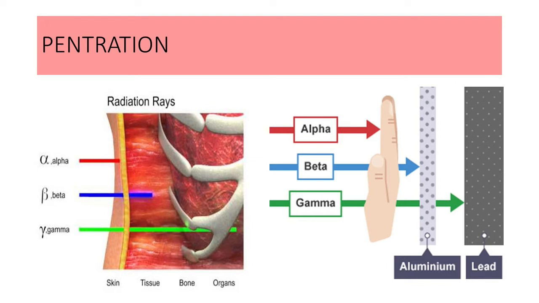While beta particle, you can stop it using aluminum, and gamma ray, you need a thin sheet of lead or a thick sheet of concrete in order to stop the radiation.